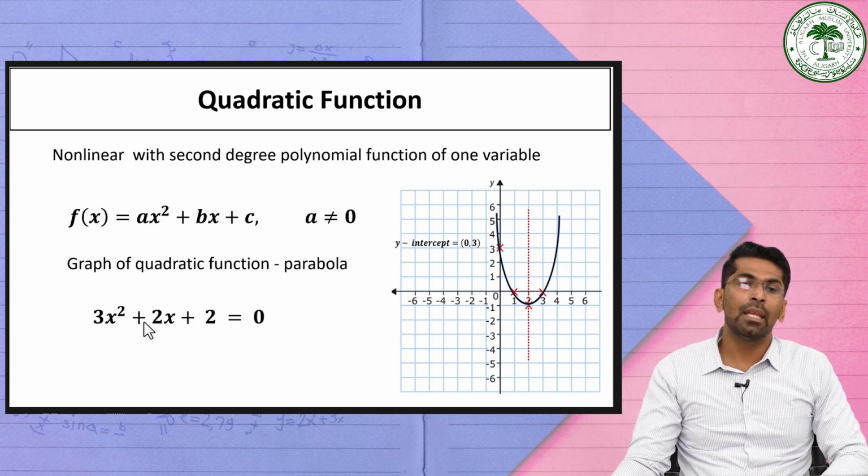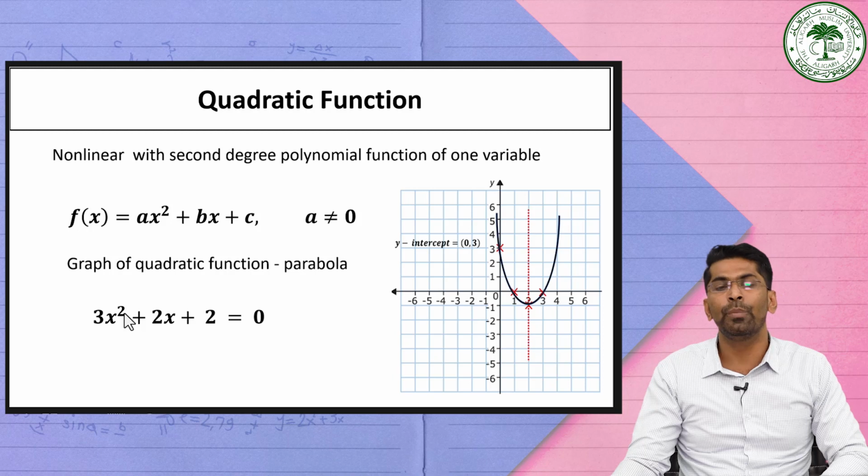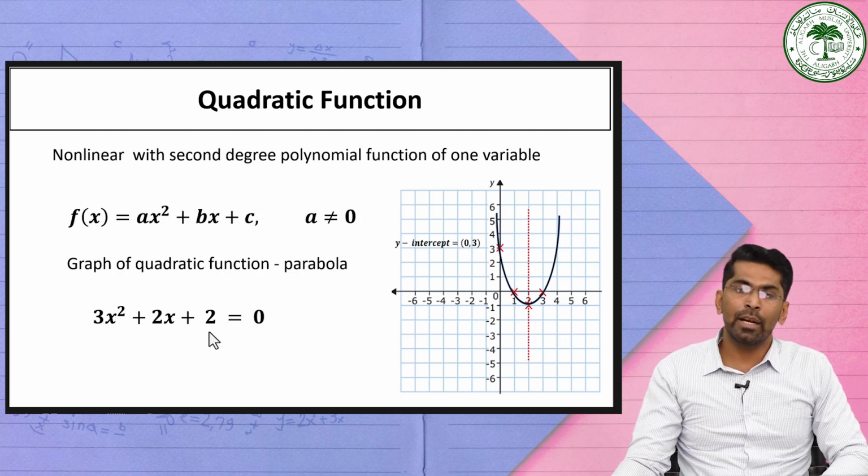For example, see, 3x² + 2x + 2 = 0. This is a second degree polynomial because the highest power of the independent variable, here it is x, is equal to 2. So in this case, this is a quadratic function. If you go for drawing the graph of the quadratic function, it will be upward sloping, just like this.